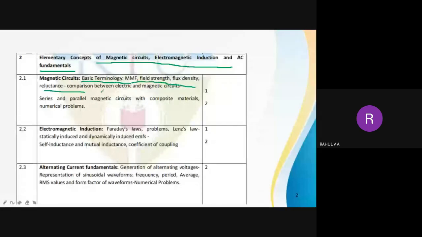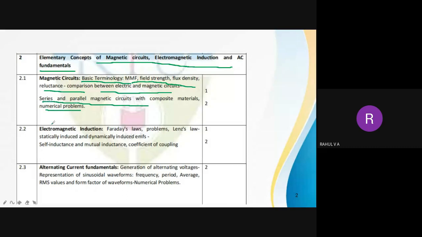I think you already know this. From here, it is a little bit advanced. Series and parallel magnetic circuit with composite material. Some numerical problems are there. Every time they will be asking one numerical from this part: series and parallel magnetic circuit with composite material numerical problems.